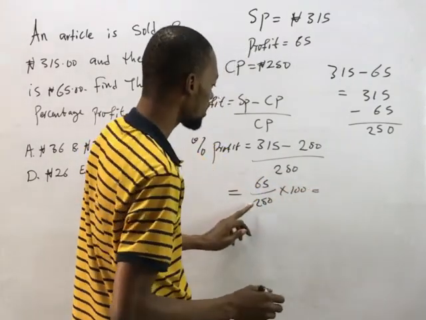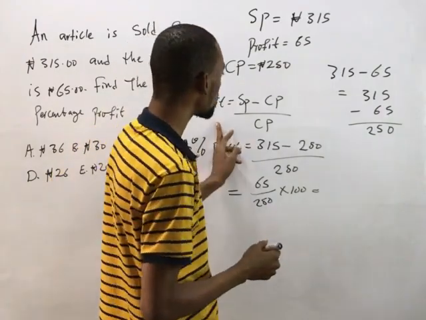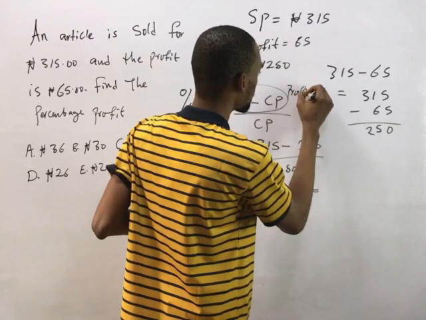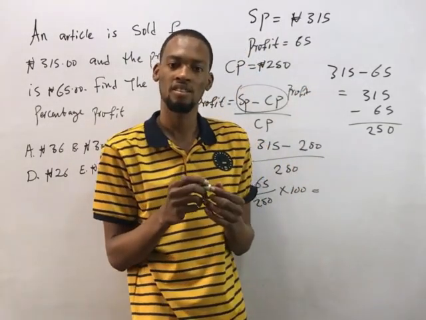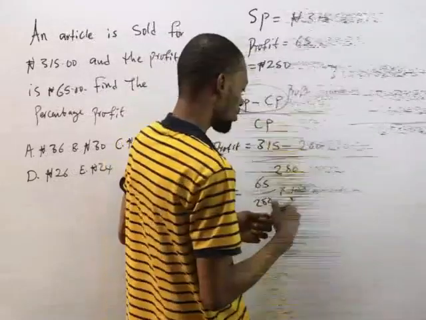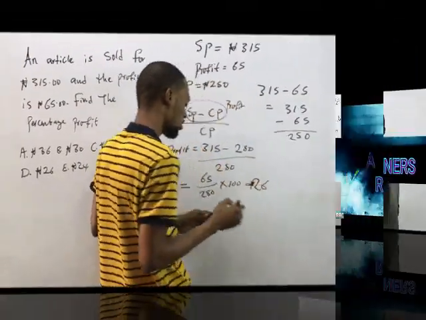So this is your percentage profit. So in other words, percentage profit is simply profit over cost price. So you have different ways to solve it. So solve it with anyone that suits you. So this will give you 26 naira. So that's the percentage.